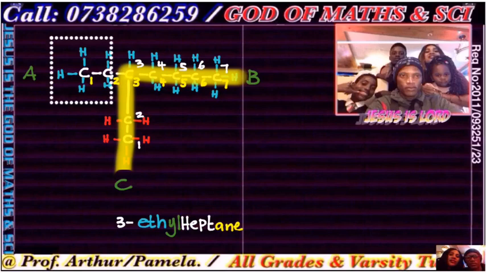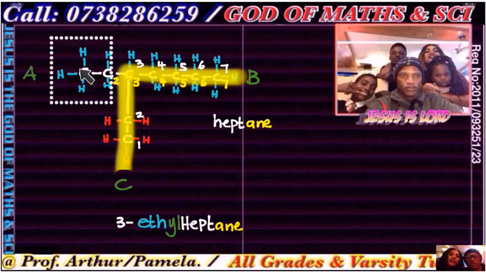Aha. Then the name of this one, the yellow one. First, the number of carbons is 7, so it's actually hept, meaning 7 carbons. But because we've got single bonds, it's ANE. Now let's go to the branch.